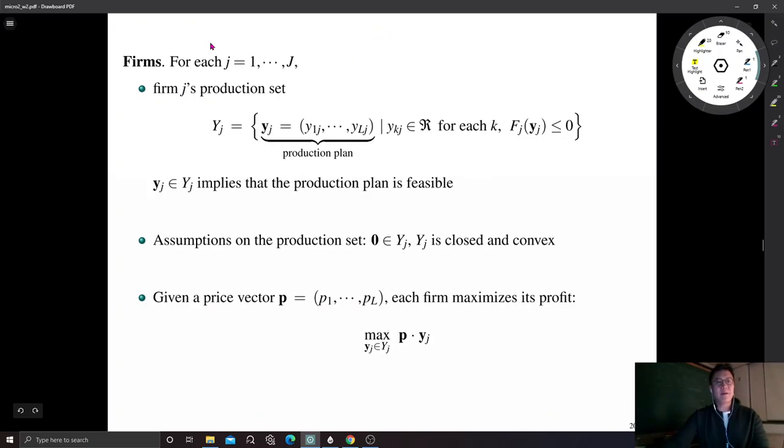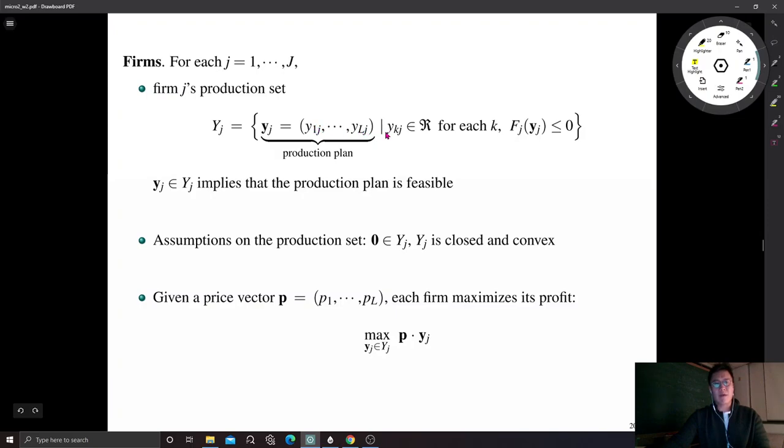Now the firm side, and there are J firms. Each firm's technology is described by a production set. I think I illustrated this production set when I illustrated the Robinson Crusoe economy. That is a little bit more general than a production function. Each element of this set stands for a production plan, so it consists of L components.